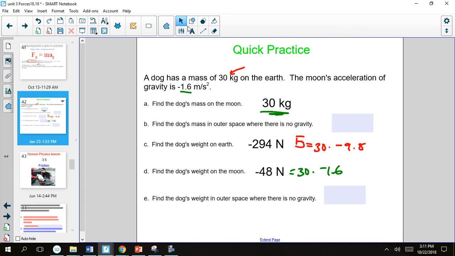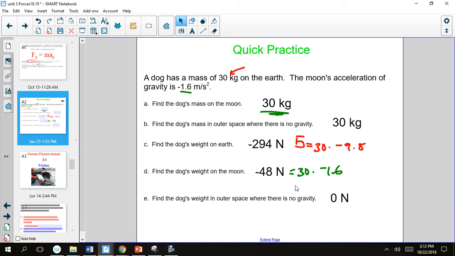In outer space, again, the mass is still the same, right? We can't all of a sudden lose mass. But why do you feel weightless in space? That's because we are so far away from the center of mass of the object that is creating that gravity, the Earth or the moon or the planet, the sun, whatever, that we're actually in a perpetual state of free fall. And that gives us the feeling of being weightless.